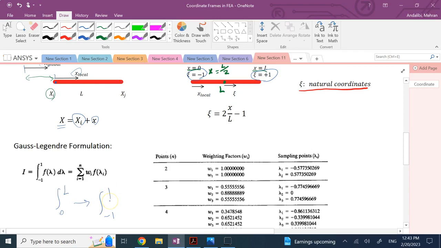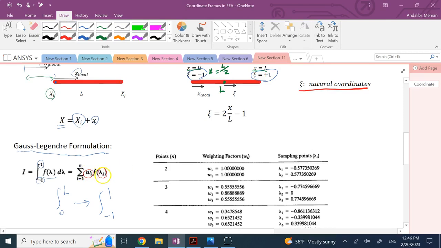And it's more convenient when you want to do that, instead of integrating from 0 to L, you integrate from -1 to 1. Why? Because you can use the Gauss-Legendre formulation, and you can calculate the integral of any function f in the range -1 to 1 by what? By just a few terms, where you calculate that function at some specific locations and multiply the value of f by some weights w and calculate your integral. So you see your integral is simply replaced by a summation with a limited number of terms.